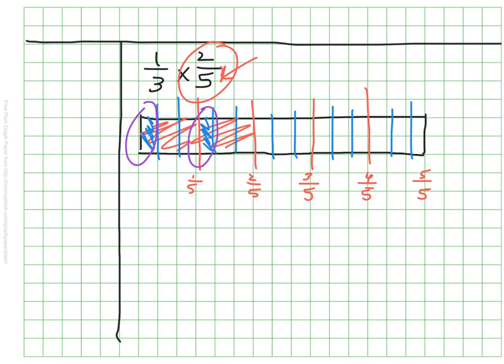So there are 2 sections that represent 1/3 of 2/5. And altogether now, if I count all my pieces, there are 15 total sections. So 1/3 of 2/5 equals 2/15.